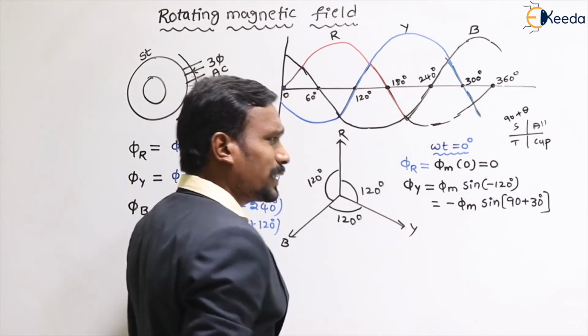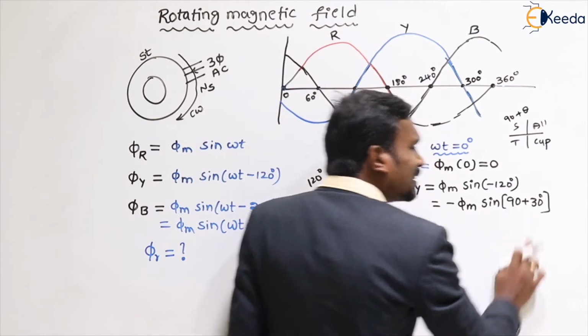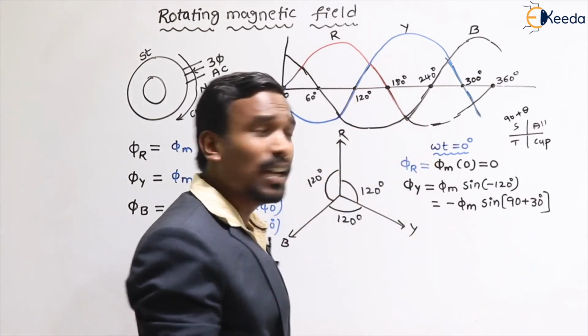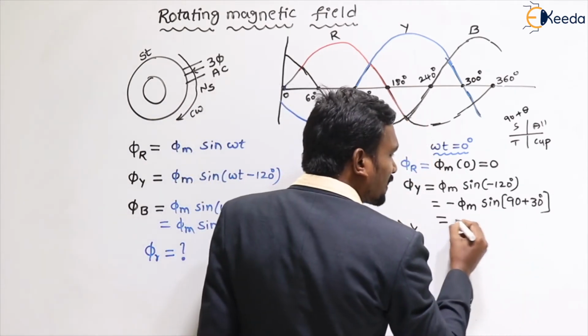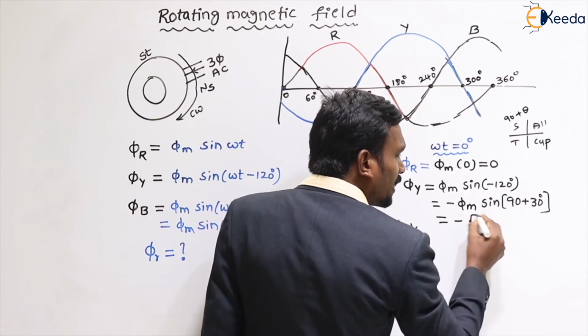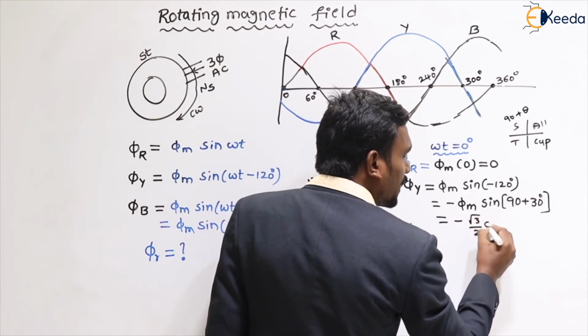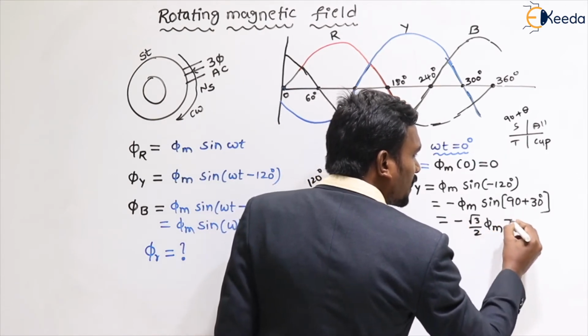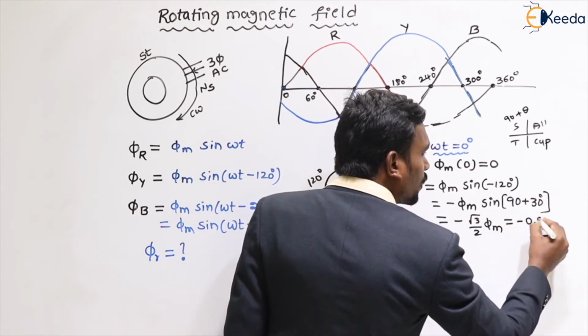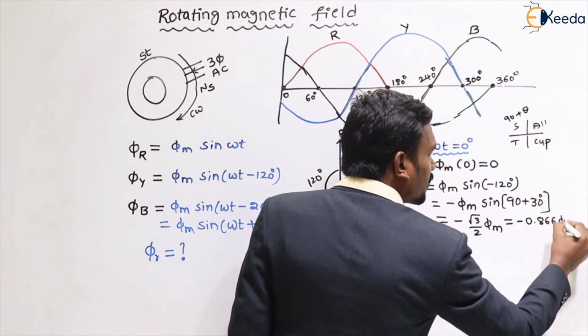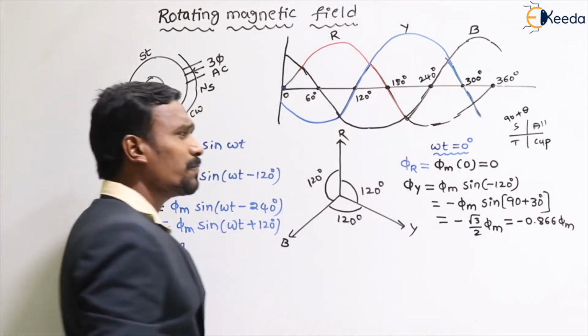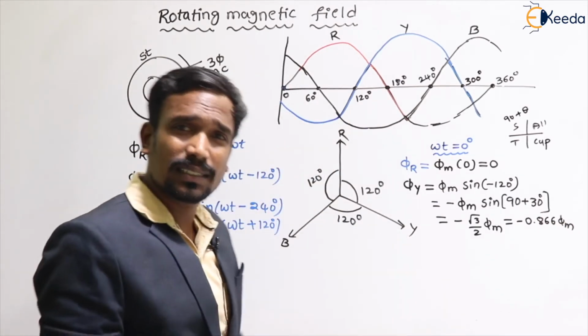Sine of 90 plus 30 is nothing but cos 30. Can you tell me what is the cos 30 value? Cos 30 is root 3 by 2, so minus root 3 by 2 times phi m, which is nothing but minus 0.866 times the maximum flux. This is my Y phase.